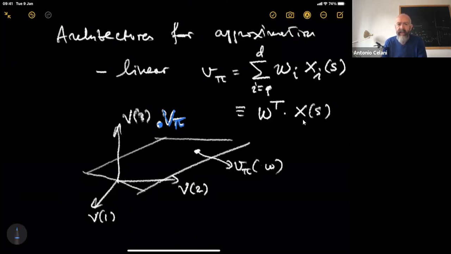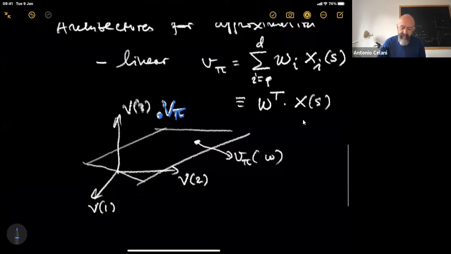But nevertheless, the idea of linear approximation is that you're just cutting out a lower dimensional vectorial subspace of the possible value functions, and you want to find the parameters which represent better your value function here. Okay? So the intuition here is quite straightforward about what the goal would be.